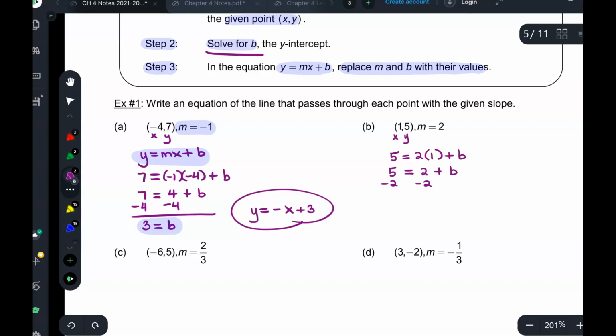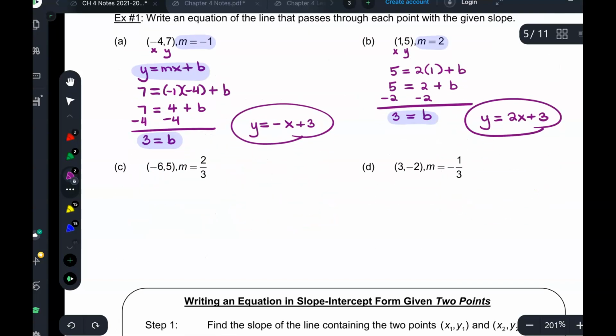Subtract 2 from both sides. I get 3 equals b. So again, slope-intercept, I need slope and I need the y-intercept. So now I can rewrite it. y equals, slope was 2, x plus b, which is 3. So y equals 2x plus 3.